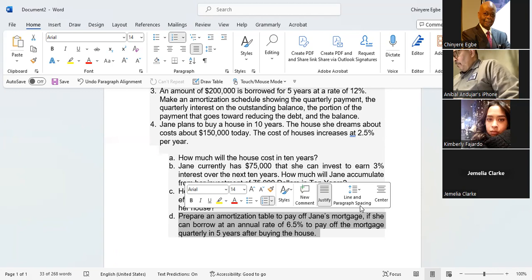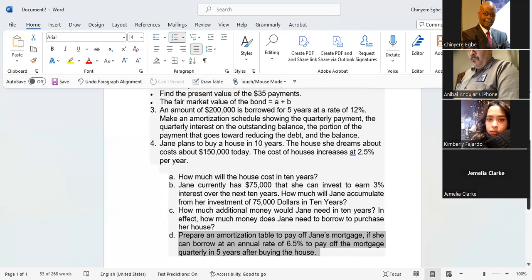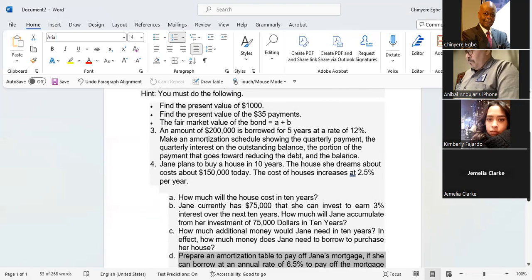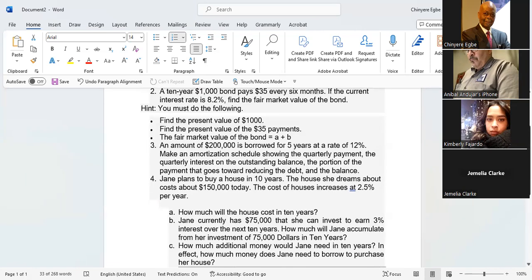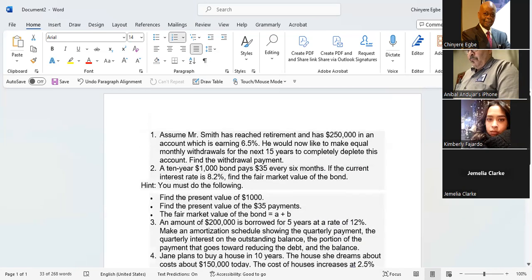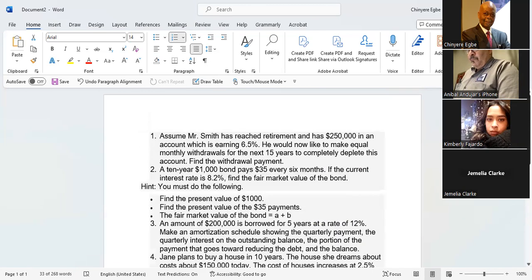And so how much money are you going to be paying into the future so that you pay off the mortgage in 5 years? I'm going to take this same problem and modify it so that we would have some different values and you can apply that method for the solution of your problems, okay? So what we're going to really focus on today is amortization.